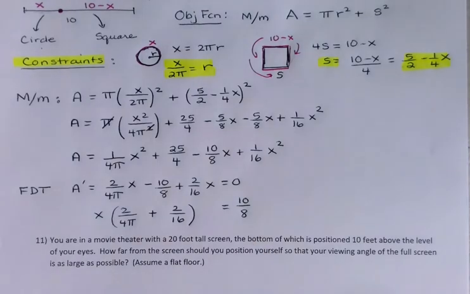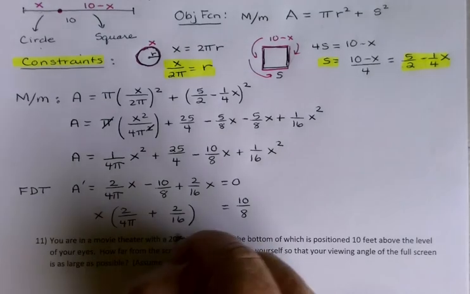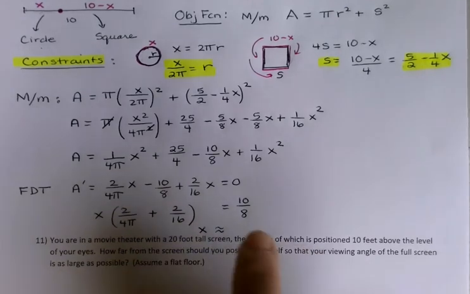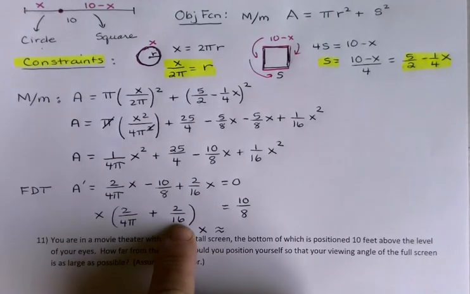So it looks like that. And then I know it's a little ugly because I haven't simplified my fractions or anything, but I'm just going to turn it into a calculator problem anyway. To get x, I'll just take 10/8 and I'll divide by that sum.